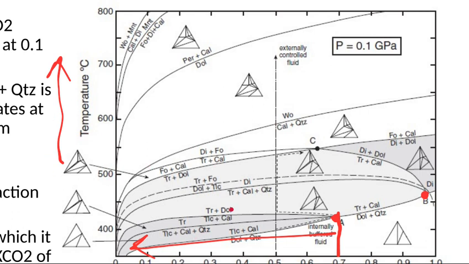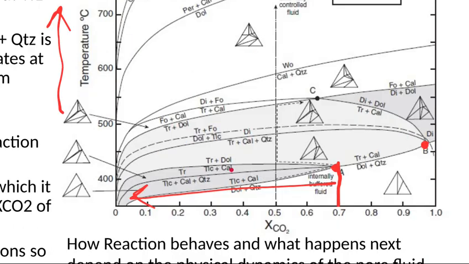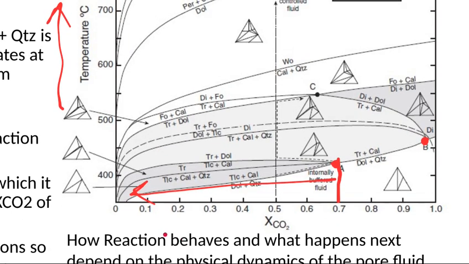Here temperature is increasing. We have to read up to this only, not the upper portion. So when temperature increases in y axis, and this is the XCO2 content in x axis.